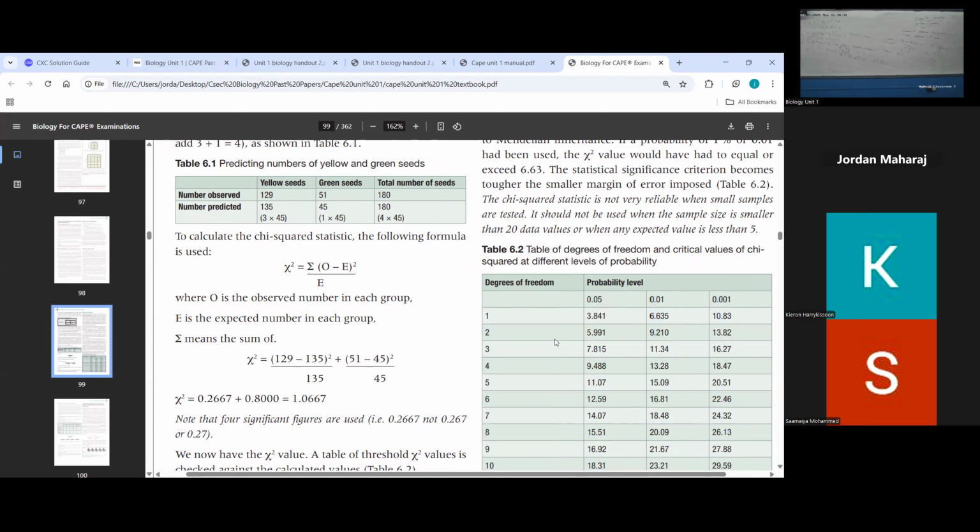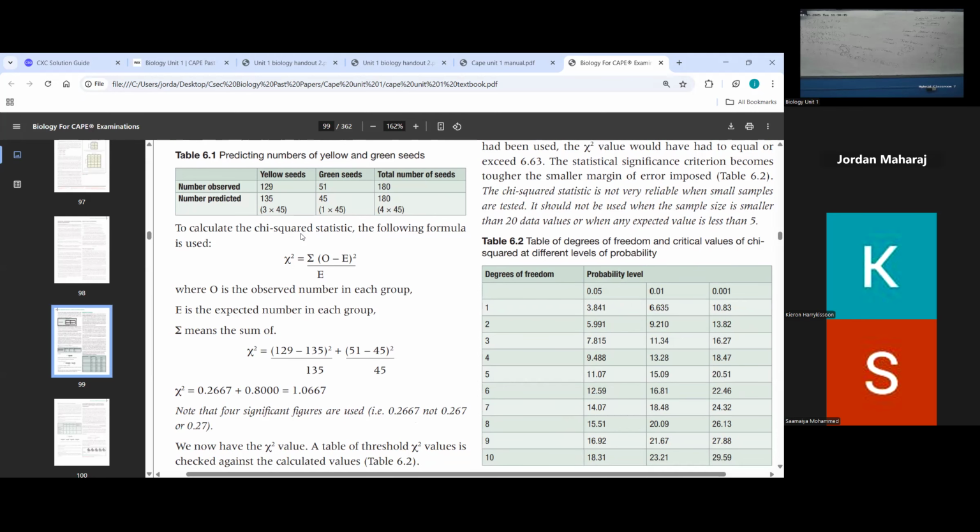Right? Degrees of freedom, to calculate this, you're looking at how many categories you have. How many categories do we have here? 2. So to calculate degrees of freedom, it has a formula that n, which represents degrees of freedom, is equal to n minus 1.